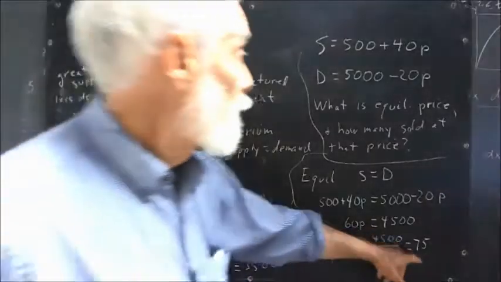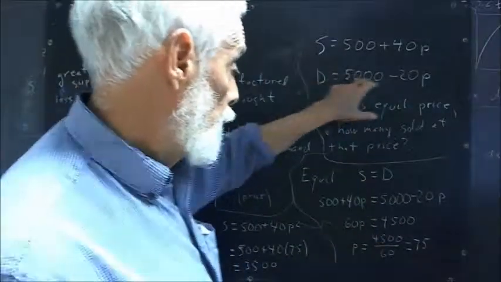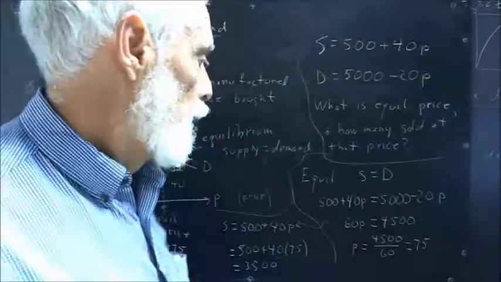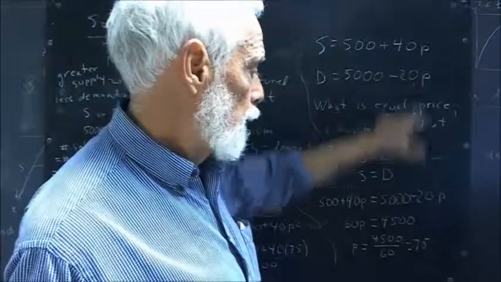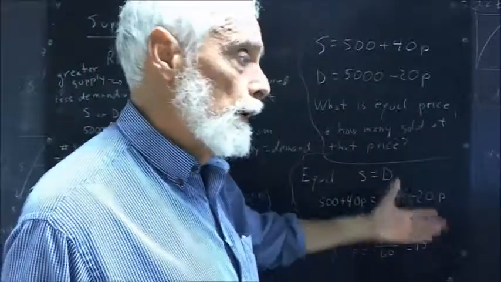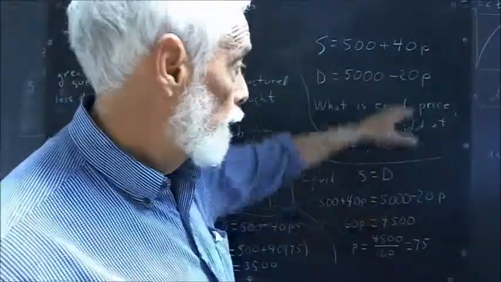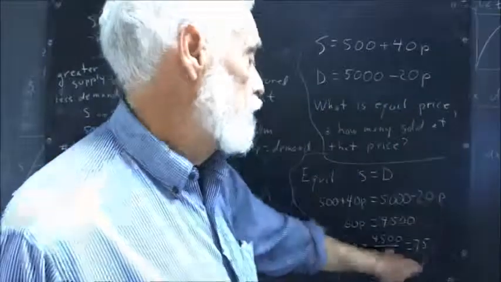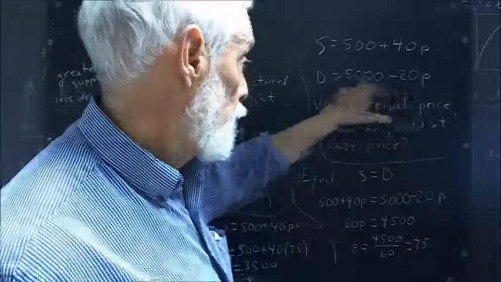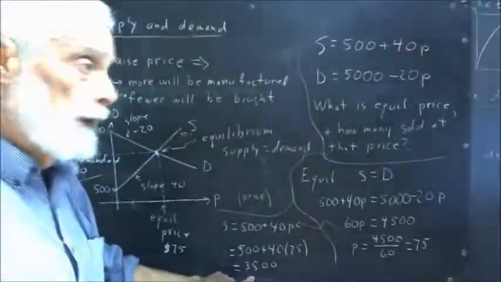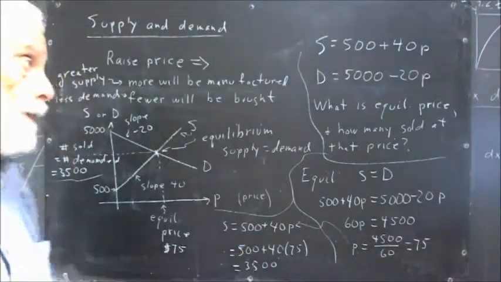If we plug 75 in for the demand, we'll get 5,000 minus 20p. If p is 75, 20 times 75. Well, you should do this. You should pause before I say this, or after. You should verify this in any case. 20 times 75 is 1,500. If we subtract 1,500 from 5,000, we again get 3,500. You should verify this.